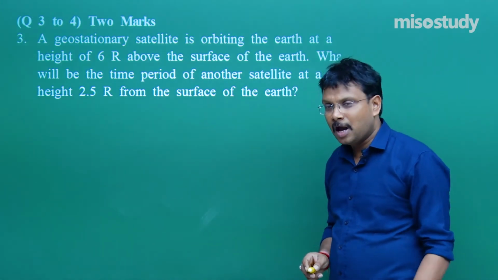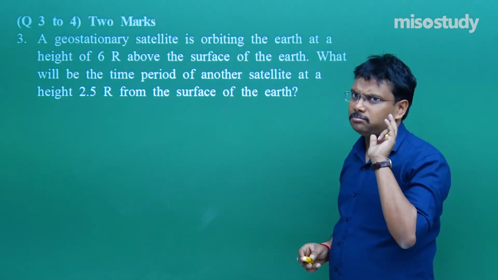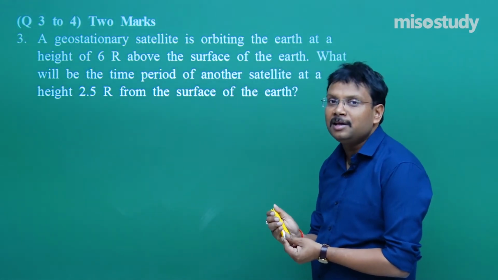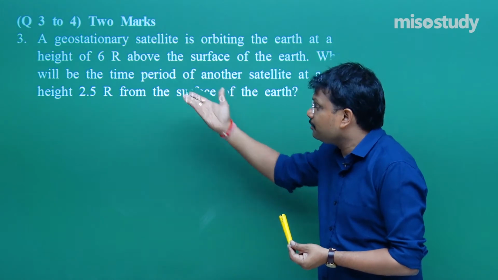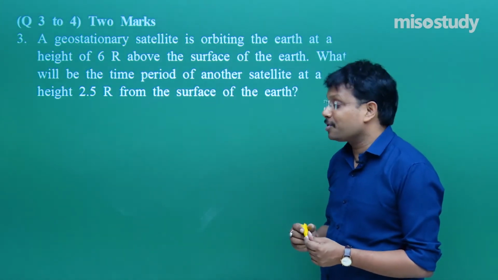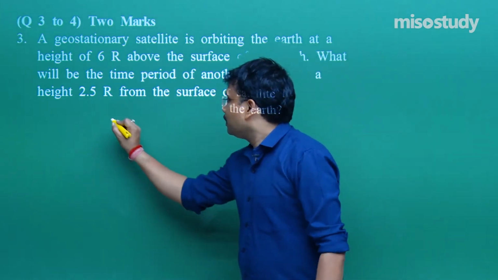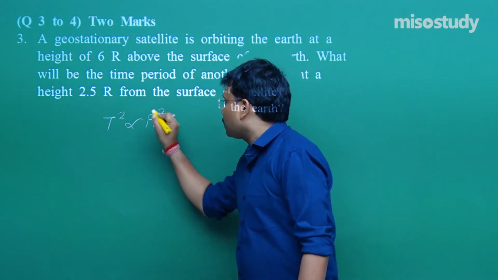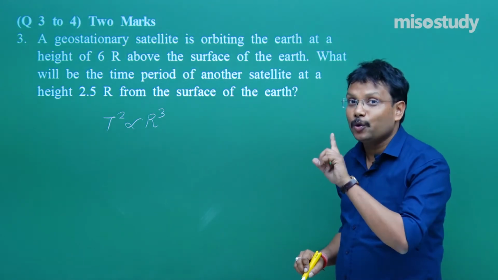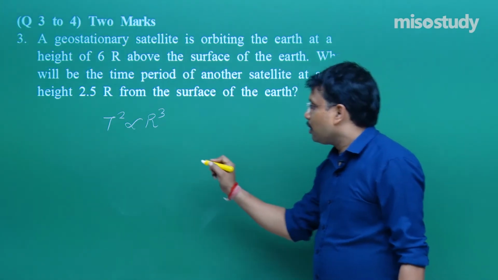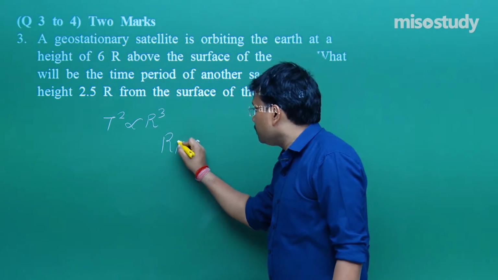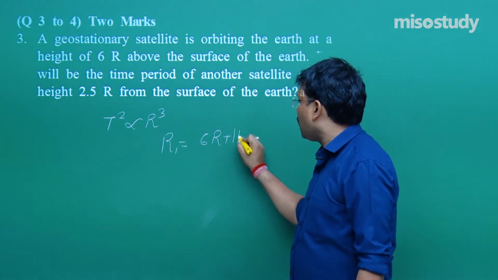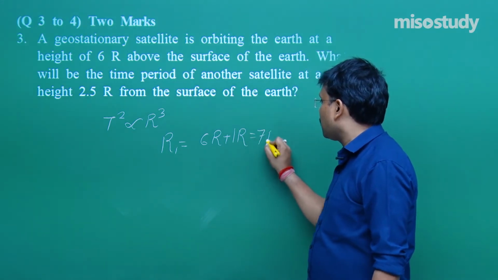Now one thing is crystal clear just by reading the problem, that they themselves are telling which formula you have to use. So the formula is T square is directly proportional to r cube. This formula you have to use. Now R1 is equal to 6r plus 1r, that will give you 7r.